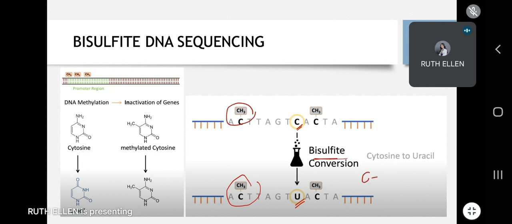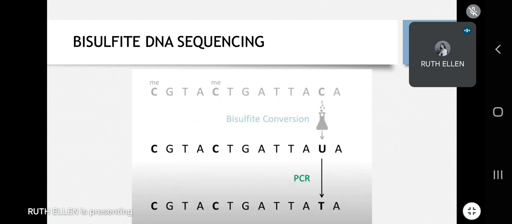Okay, so cytosine mag-change to uracil then to thymine in the presence of bisulfite. While the methylated cytosine, may mga naka-attach na methyl group, kahit mag-add tayo ng bisulfite, cytosine pa rin sila. Hindi sila magiging thymine. Okay? So, ang binibilang natin dito, it's the methylated cytosine.